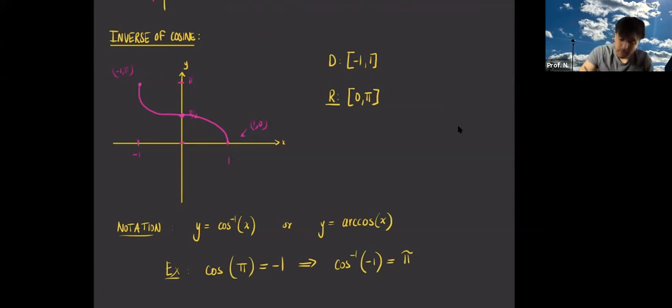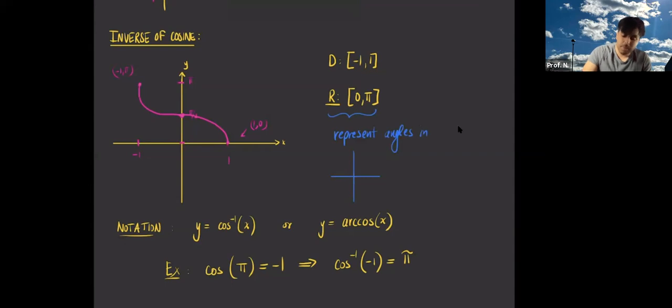And by the same token that we spoke about, the range of my inverse cosine function represents angles. So these angles are represented in what interval? What are the quadrants between 0 and pi? Go back to the unit circle.